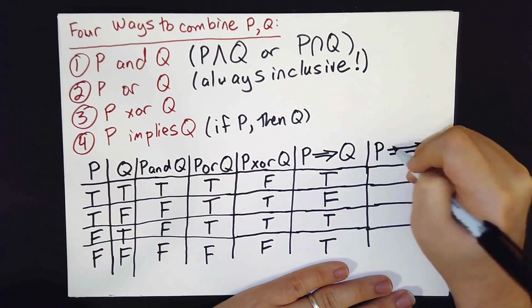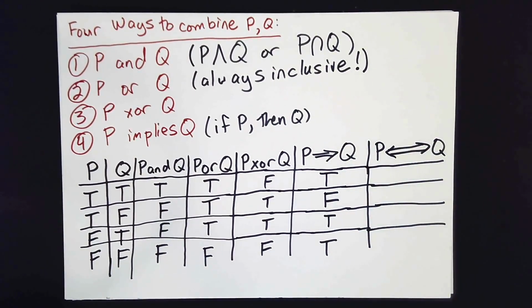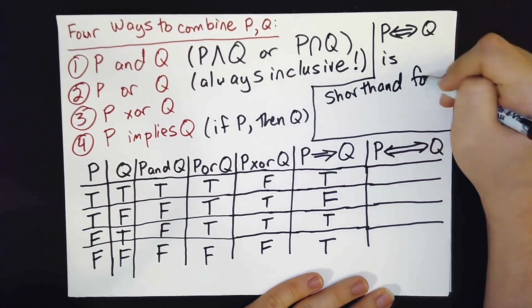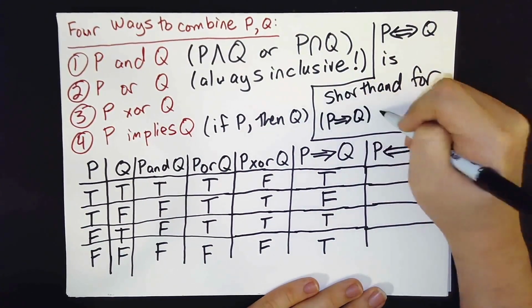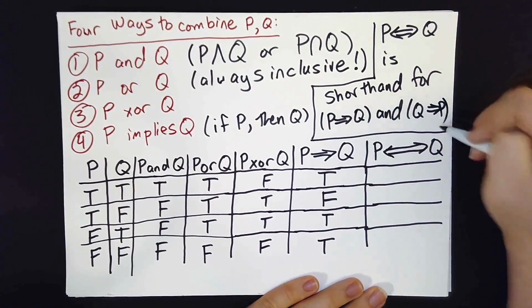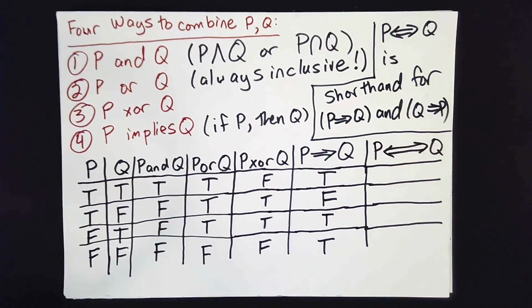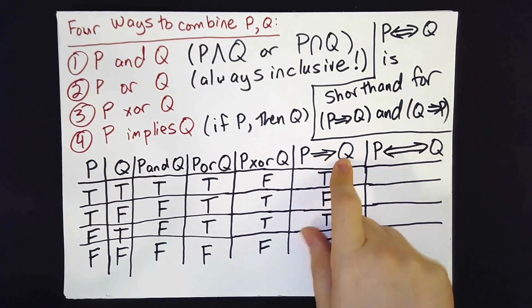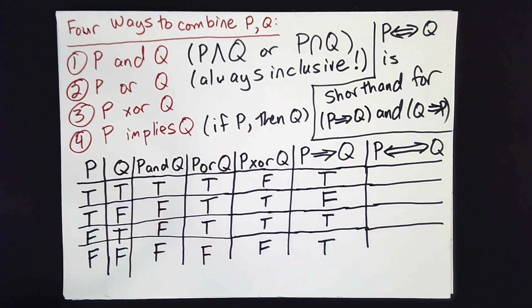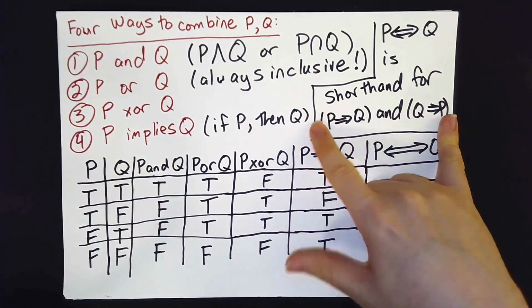If you want the super fancy name for it, this is called the biconditional. It's shorthand for P implies Q and Q implies P. Notice this itself is just using my definition of implies and my definition of and in this sort of complicated way to form a new statement.